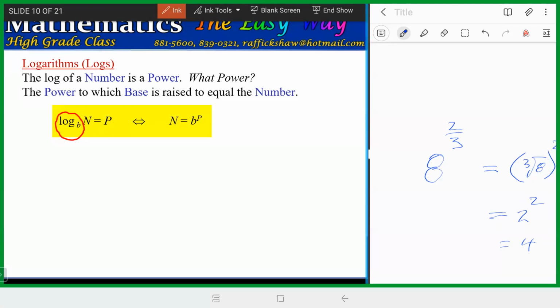Logs and indices are connected, and they have three things operating all the time. You have a base, you have a power, and they work out to a number.